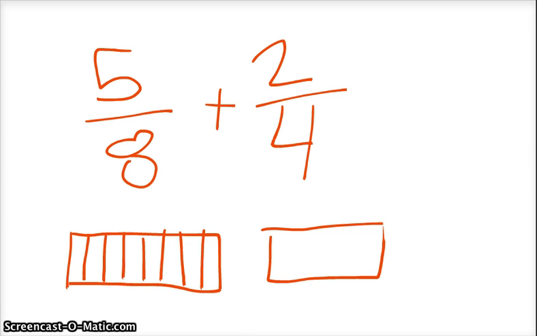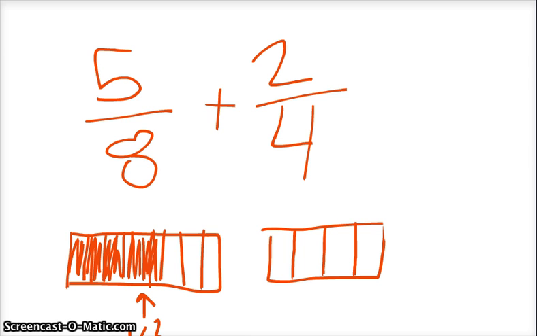I'm going to erase this, but instead into 4ths. So I see that I have 1, 2, 3, 4, 5 8ths. And one marker that I can look at is right here, which is 4/8, and that's our half mark. Another thing we can point out right here is our half mark and show 2/4.